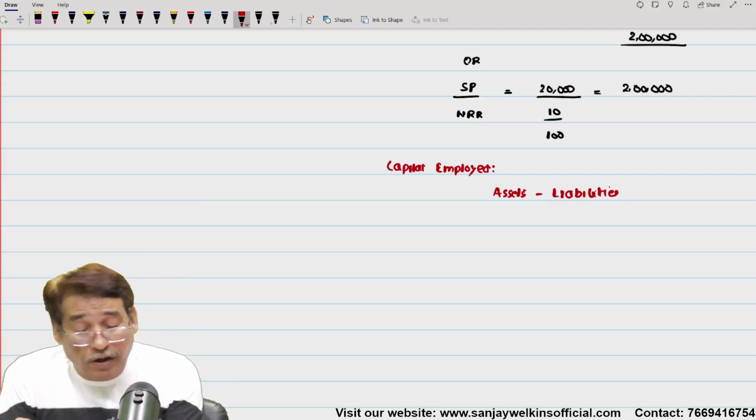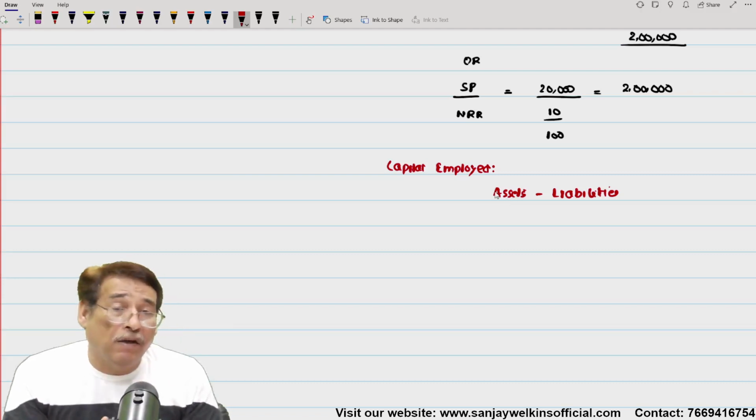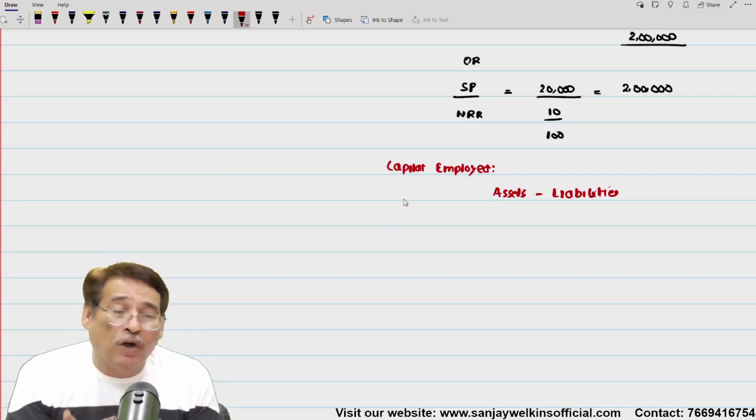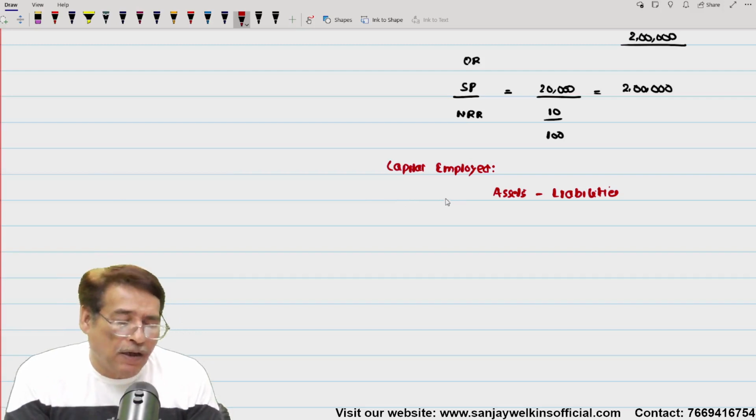Now, it is also important to understand that when you consider assets, because we are computing capital employed for the purpose of goodwill, correct? Whenever you compute capital employed, generally 99% it will be given in the question. But in rare cases, you may have to compute capital employed.